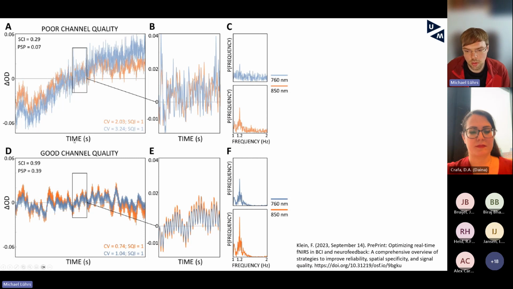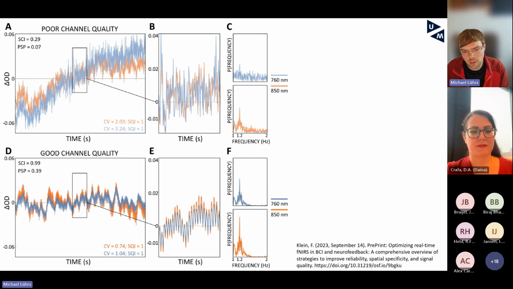And dependent on the measure that you're using for this signal quality assessment, which I will come to later, you will get different scores on the data quality, which can help you immediately assess what your data quality for a specific channel is, but also how this data quality is distributed across your specific montage.